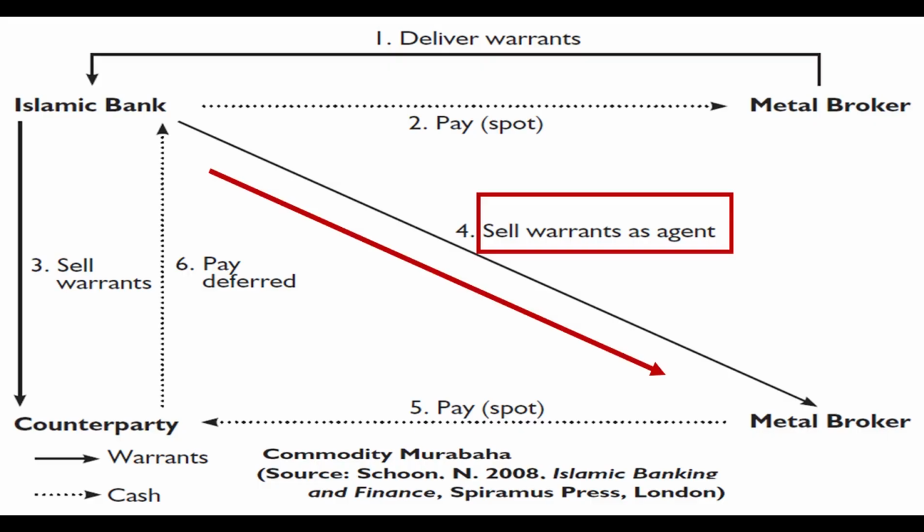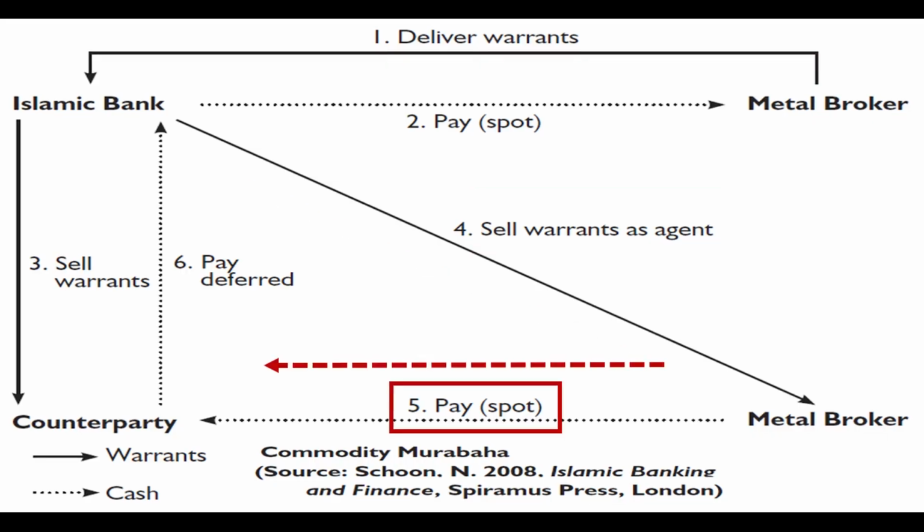Thereafter, the fifth step, payment from the end buyer to the counterparty. That is the metal broker. The end buyer pays the counterparty spot in return for the warrants. In this example, the metal broker pays 1 million pounds to the counterparty using the Islamic bank as an agent to facilitate payment.